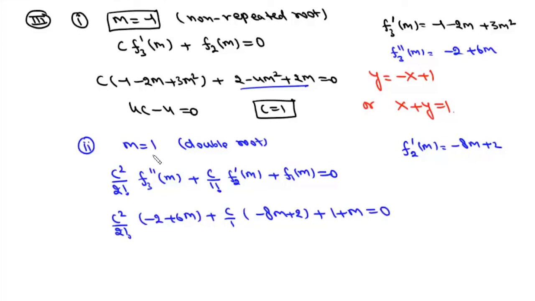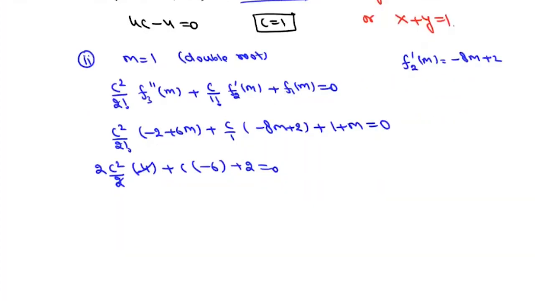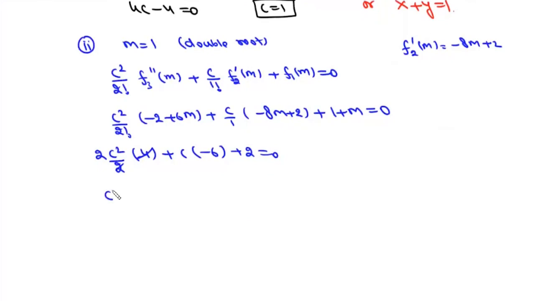Now for this we'll put m as 1. If you put m as 1, it'll be c square by 2 times 4 plus c, and here it is minus 6 and plus 2 equals 0. Now if we divide everything by 2, we'll get this equation as c square minus 3c plus 1 equals 0.